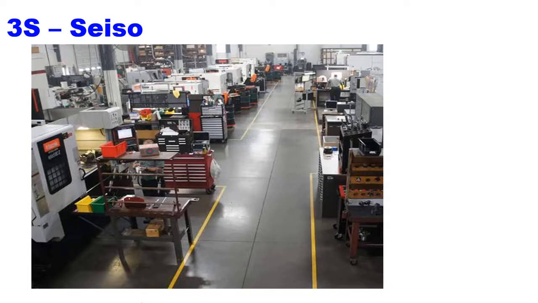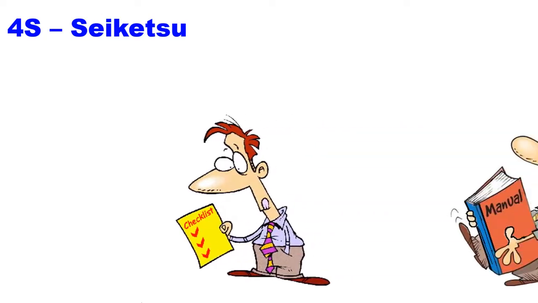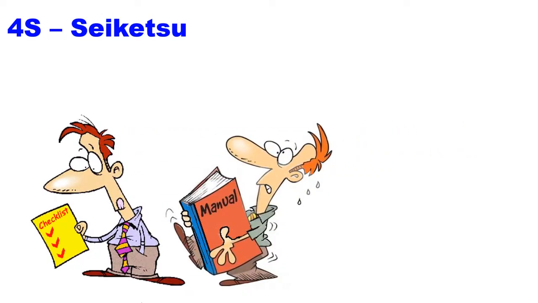Next S is 4S, that means standardize. In this standardization we will define some rules and regulations to maintain the 1S, 2S and 3S. For that we need to define some checklists, some procedures or some best practices. Then we need to define some monitoring, performance and review mechanism so that whatever we have achieved will continue to be achieved.